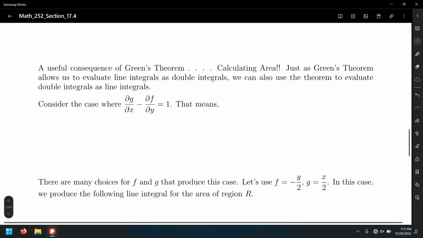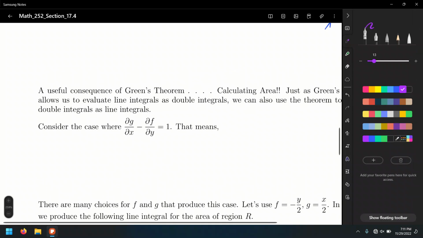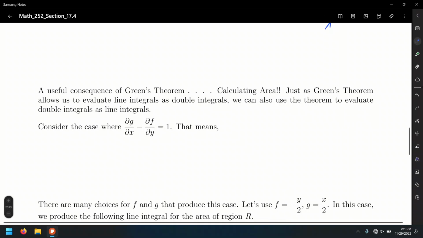And well, here is the thing. Notice this part of the integrand right here. Let me write the whole formula again. If we have the closed integral, the cyclic integral, F dr, this is equal to the double integral over R of the partial of g with respect to x minus the partial of f with respect to y dA.